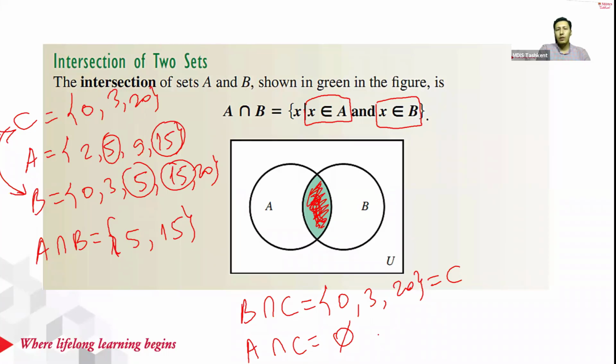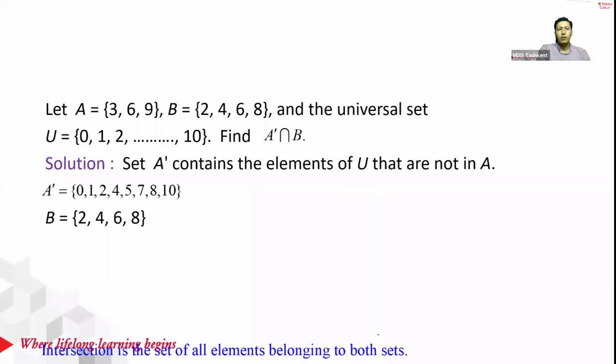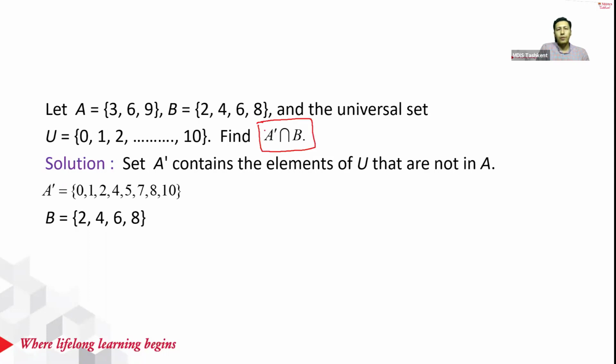This was intersection. Next, A is given, B is given, universal set is given. We have to find complement of A intersection with B. First let's find complement of A. So here the U is actually, instead of writing these numbers, they just put dots.